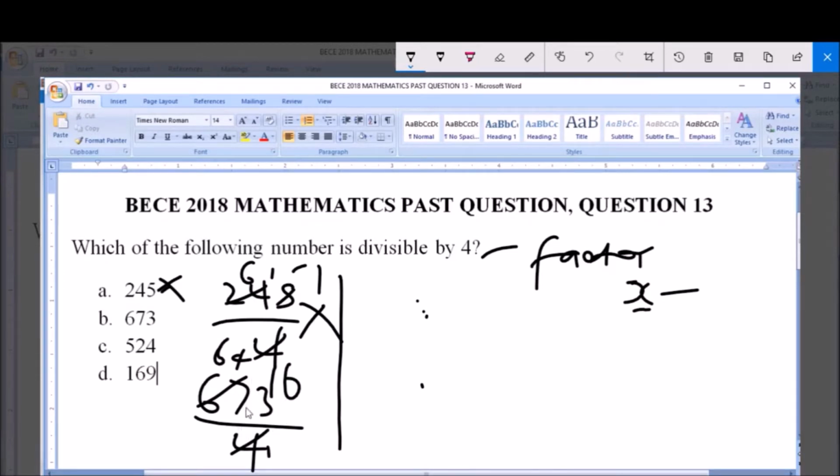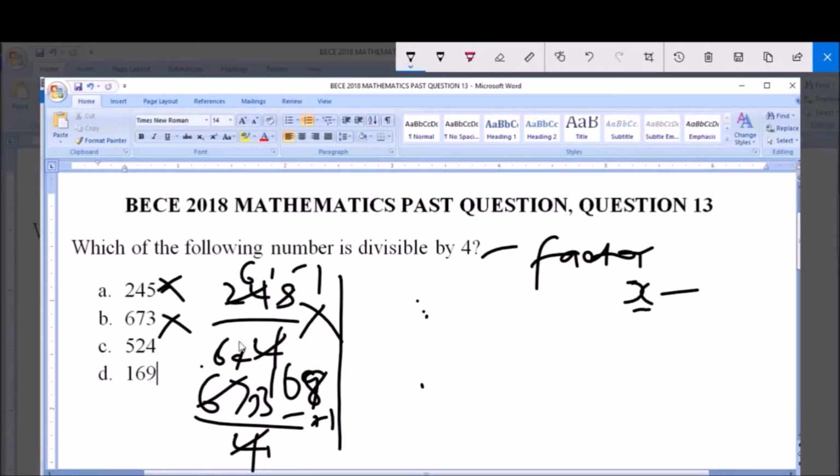Now we are left with 3, because 67 minus 64 will give us 3. So we are left with 33 now. Now 4 will go into 33 8 times, remaining 1. You see now we have a remainder of 1, meaning that 673 is not divisible by 4.